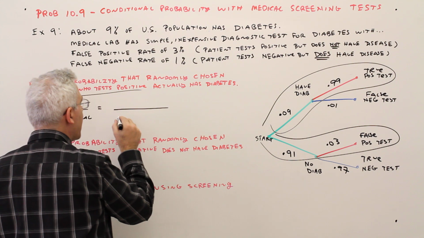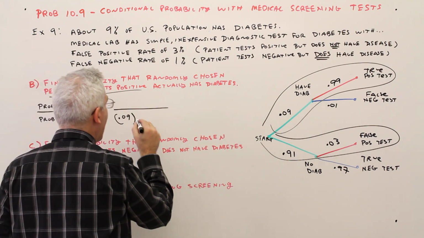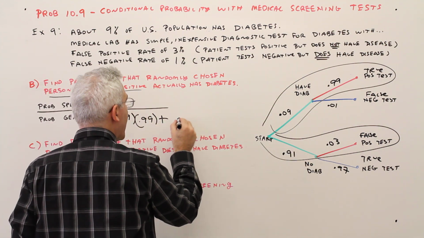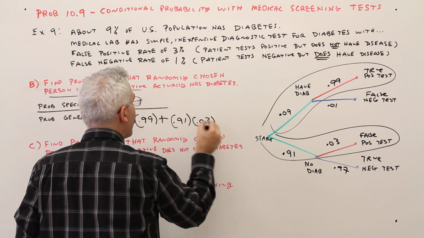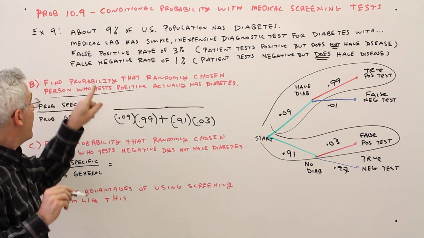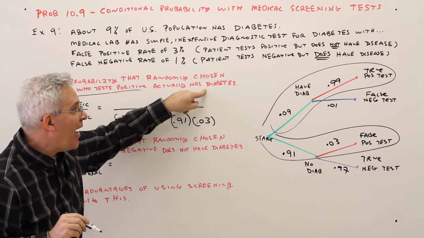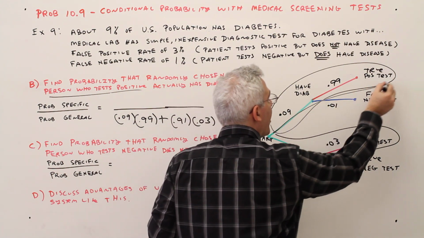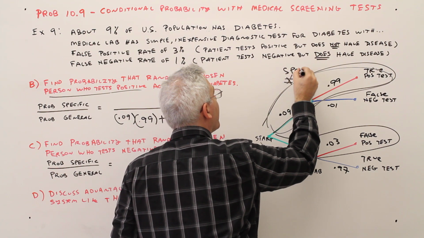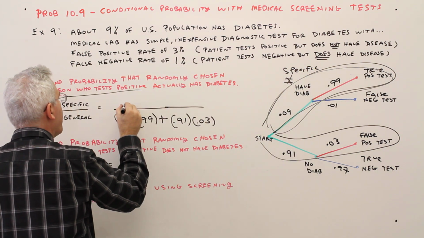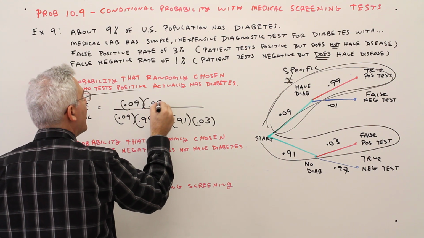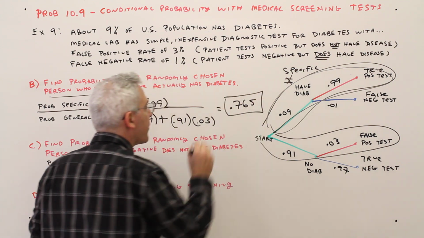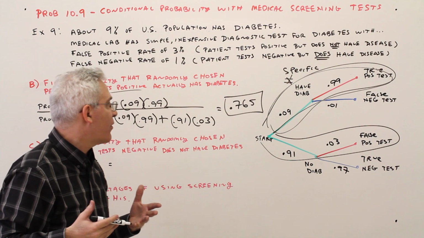For my general, it would be 0.09 times 0.99, or this other branch, 0.91 times 0.03. My specific would be testing positive and actually having it, so that would be this branch right here. I'll just put a star, that's my specific. So that would be 0.09 times 0.99 over the general, and if you do the math, you get about 0.765. So that's a 76.5% chance.